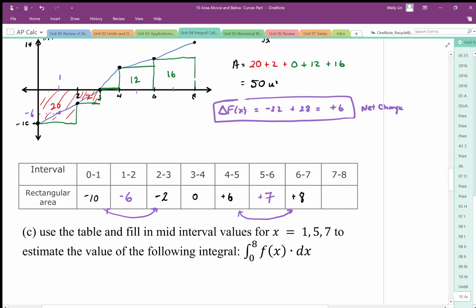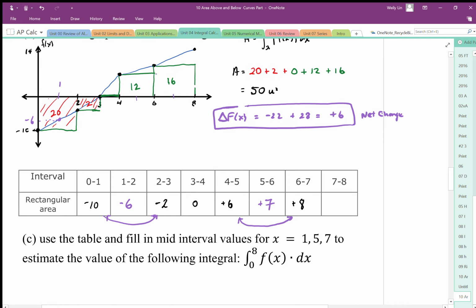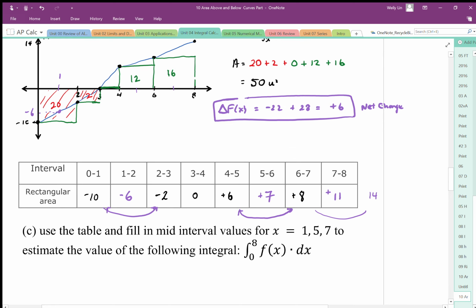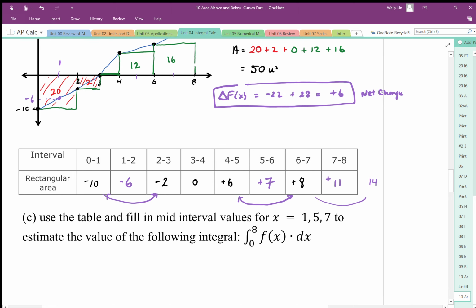And then lastly, for 7, we're going to use a mid-interval value between 14 and 8. The average between those two is going to be a mid-interval value of +11, and with a width of 1, that displacement is +11.